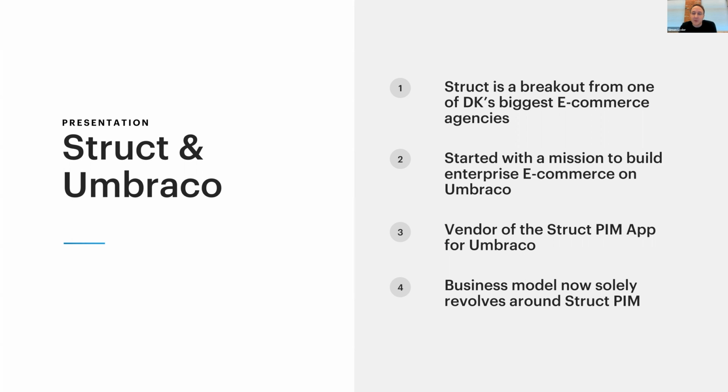That quickly became the standard product, Struct PIM, which is now part of the Umbraco App Store that we distribute through. And today, the business model of Struct solely revolves around the distribution and implementations of Struct PIM, because we've seen, luckily, a lot of interest in this part of the software and the company.